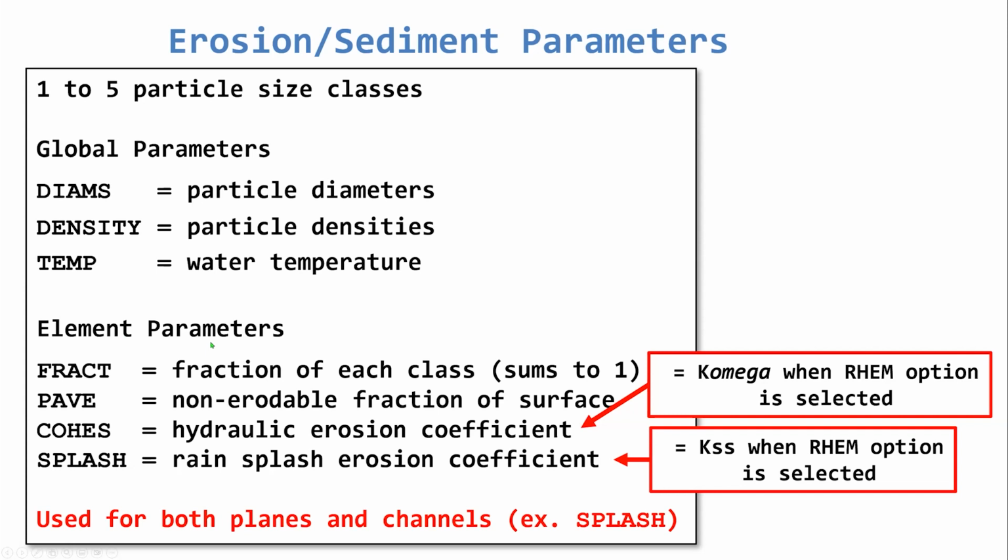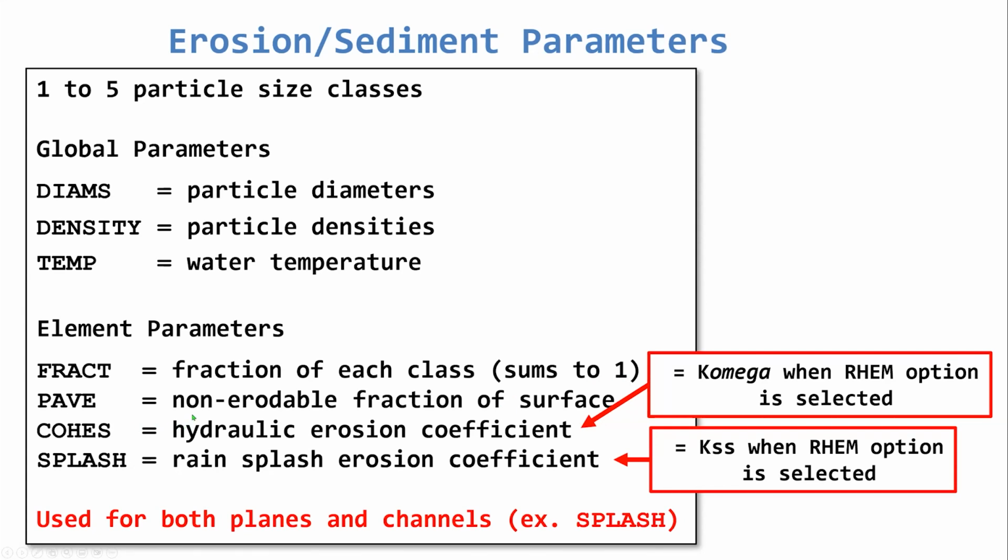Element parameters, we need a fraction of each class. They sum to 1. So if there are 3 particle classes, and 25% is the smallest one, and let's say 50% is the median one, and another 25% is the highest. Again, those have to sum to 1.